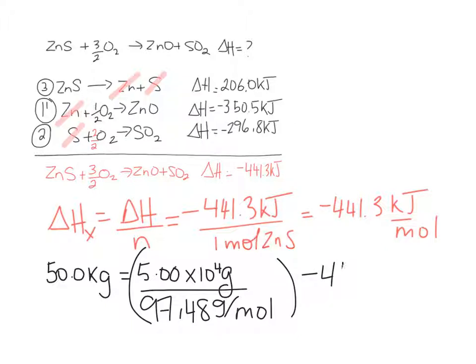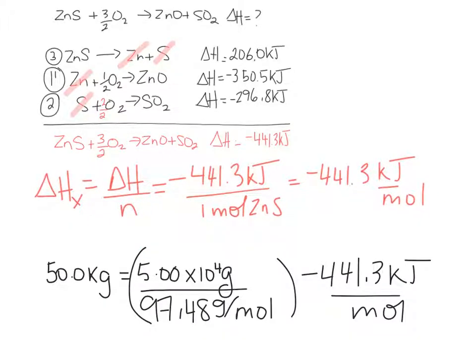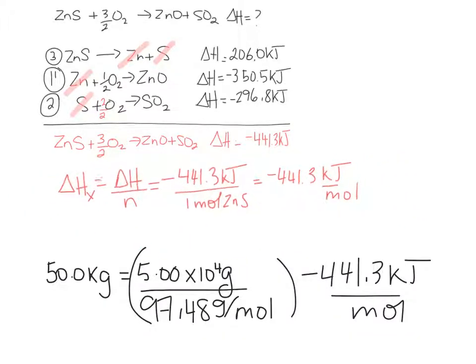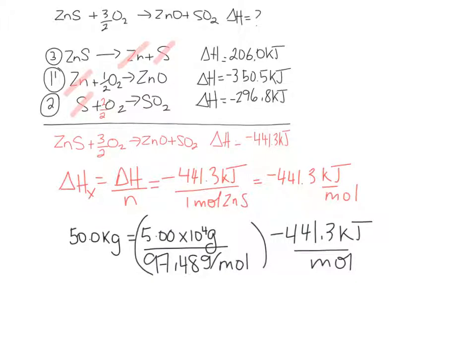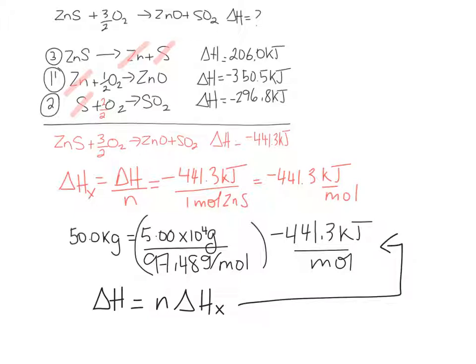Multiply it by negative 441.3 kilojoules per mole, because we have just plugged it into delta H equals n delta Hx. And that will tell you how much energy is released from 50 kilograms. So it should be a pretty big number.